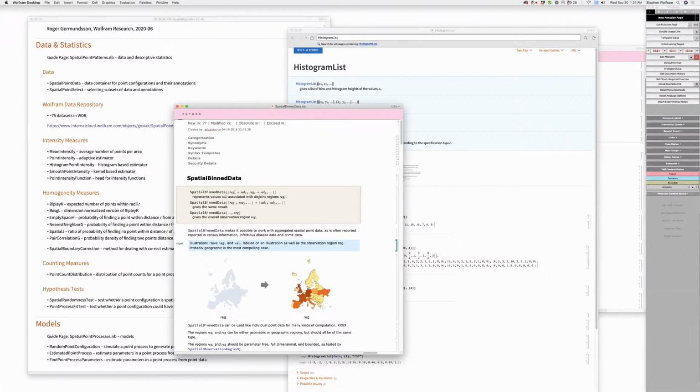Spatial point data describes the things at which you have data, right? Yeah, but I don't quite understand why spatial point data is basically a point.